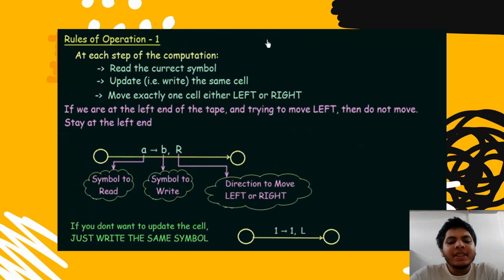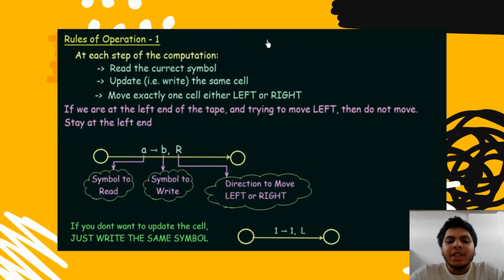You want to leave that cell as it is. Then you have to just write the same symbol again. So if you don't want to update any symbol in the particular cell on which your tape head is present, then you have to just write the same symbol onto that cell. So this down here represents that situation.